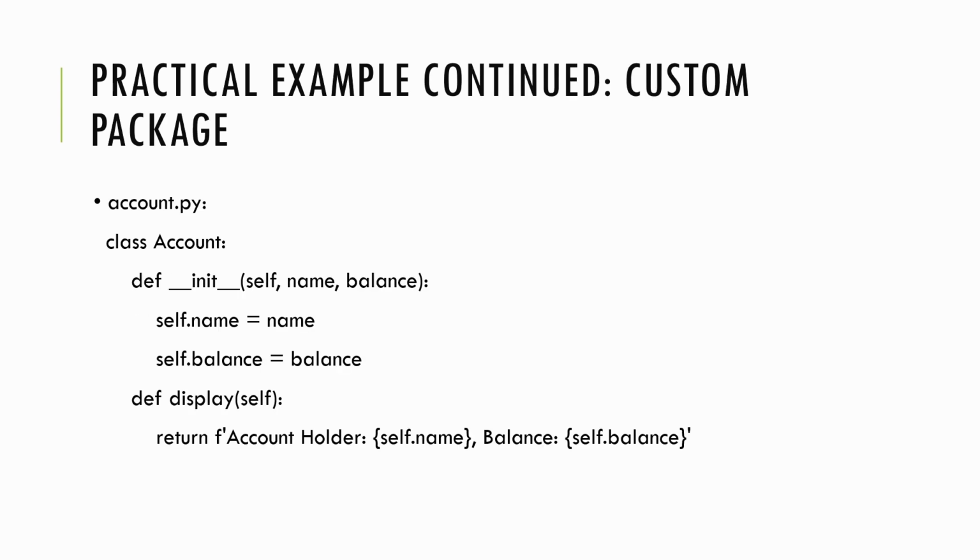In account.py, we define an account class with methods to display account details. In transactions.py, we define functions like deposit and withdraw to modify the balance. You can then import and use these modules in a separate script, providing a simple yet powerful way to manage related functionalities.